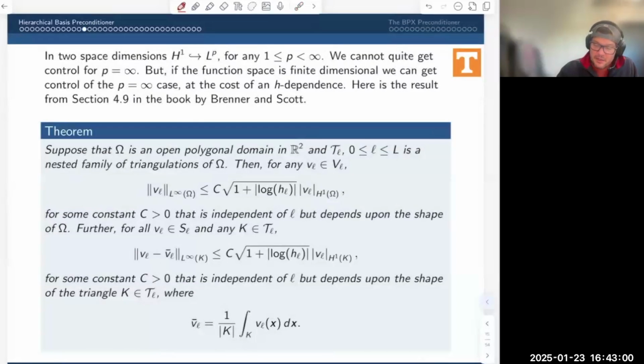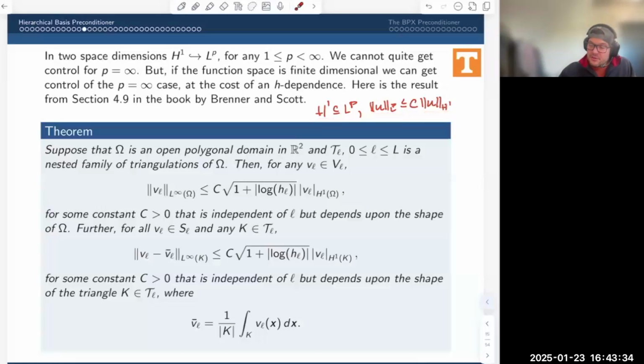So that's the first meaning. Usually it means H1 is a subset of L^p. The second thing is that if I have a function u in H1, there's a constant independent of u such that I have this type of inequality. This H1 norm is a heavier norm, and the L^p norm is a less heavy norm.